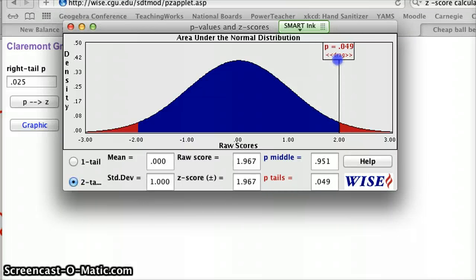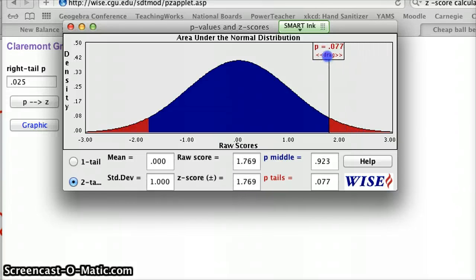But what's cool about this is you wouldn't have to do 95% confidence. Maybe you want 99% confidence. So let's drag that thing to 0.99. Oh, there it was. So if you wanted to do a 99% confidence interval, you'd use 2.582 for your z-score and your confidence interval. So you give up a little bit in accuracy, but then you're 99% confident that's where your mean is going to be located using that value.